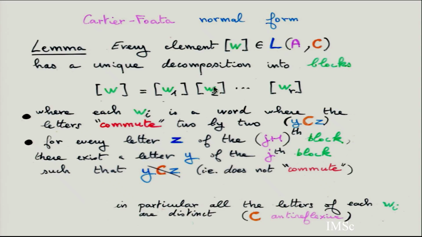So in W2, each letter does not commute with one of the letters of W1. In W3, for each letter, there exists a letter before which does not commute with this letter. And such a decomposition, satisfying these two conditions, is unique.